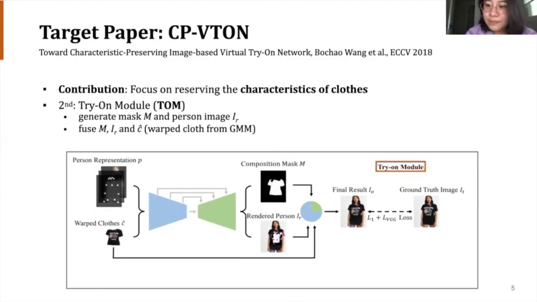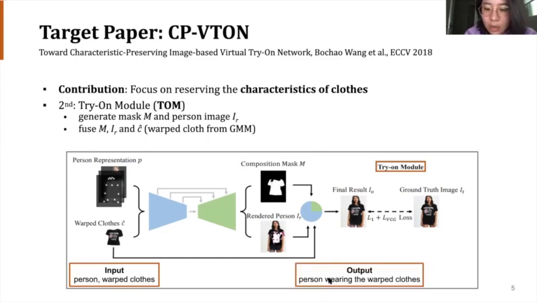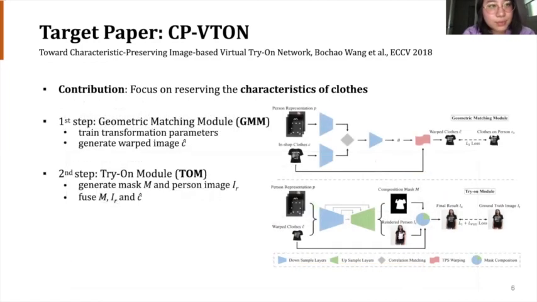So to sum up, for the Try-On Module, the input is the person and warped clothes from the first network GMM, and the output is the person wearing the warped clothes. Overall, CP-VITON consists of two networks, GMM and TOM, which we are going to replicate.